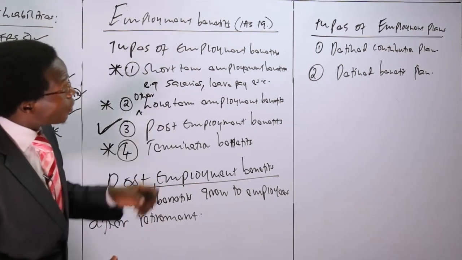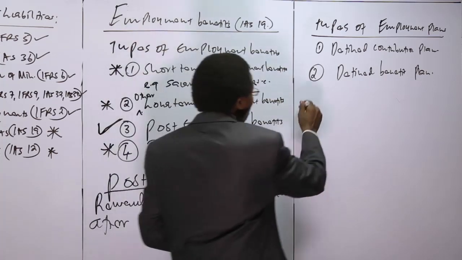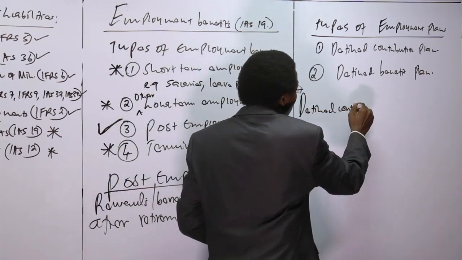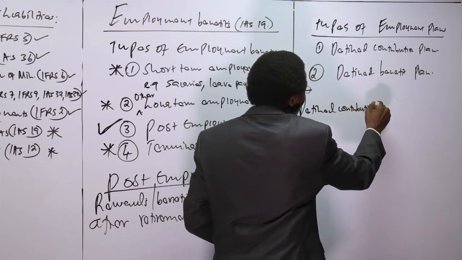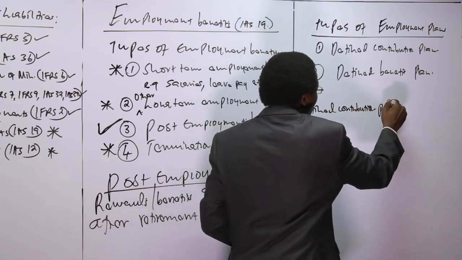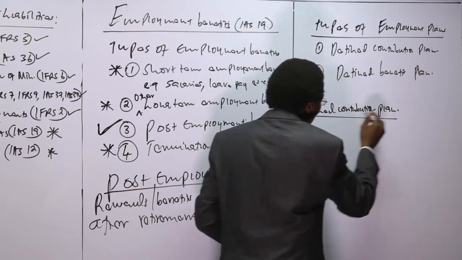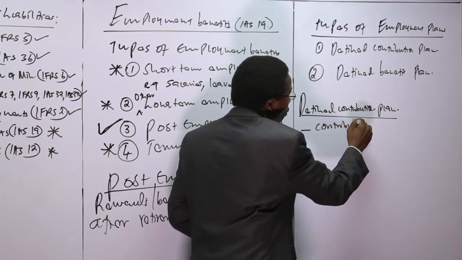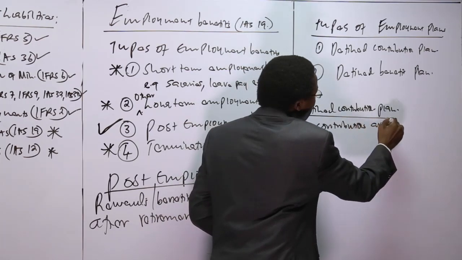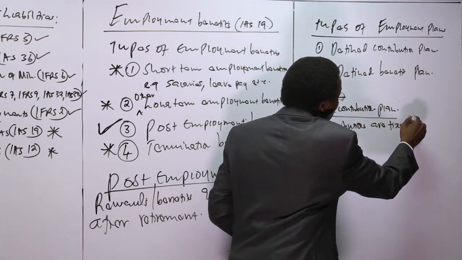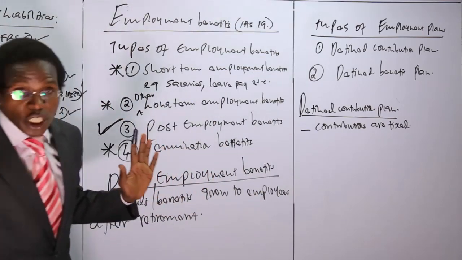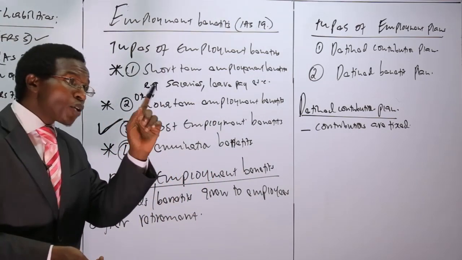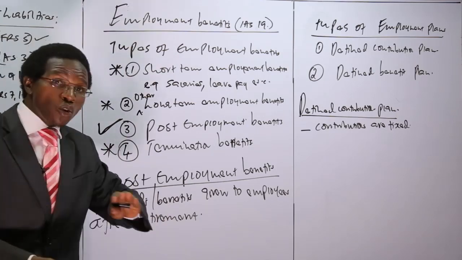But now when you talk of the defined contribution plan, we should remember this. One, the contributions here are fixed. They will not change. They will not be increased or reduced. The amount you are contributing to NSSF is constant.